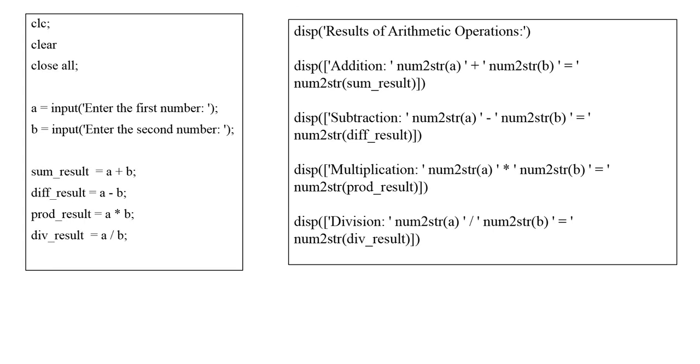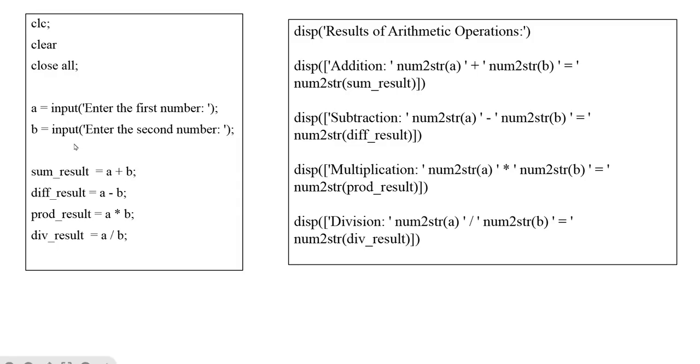Next we take the input from the user, that is, we'll ask the user to enter the two numbers using the input function. For example, we'll enter the first number as 14, then the second number as 4, and MATLAB will store these values in the variables a and b.